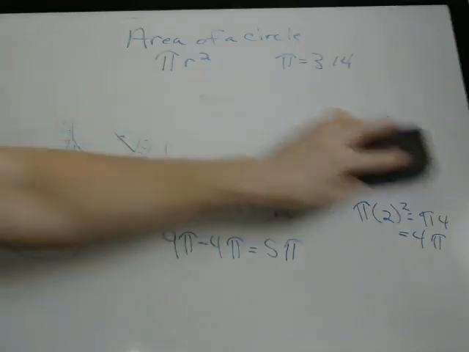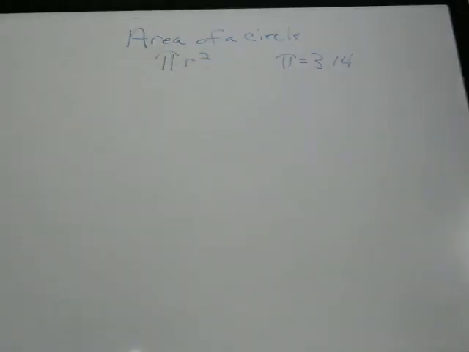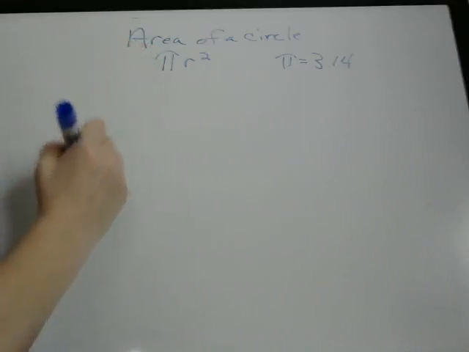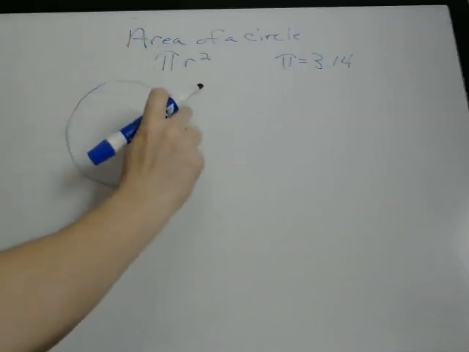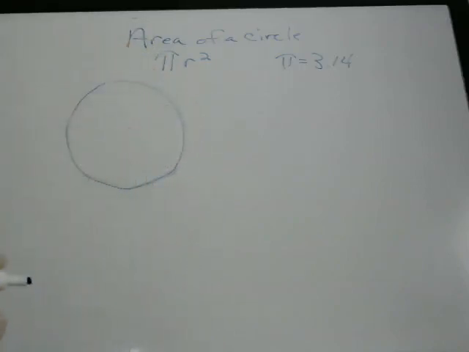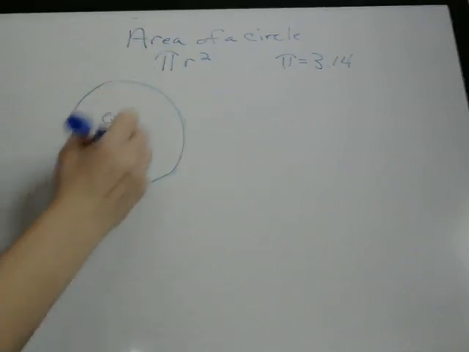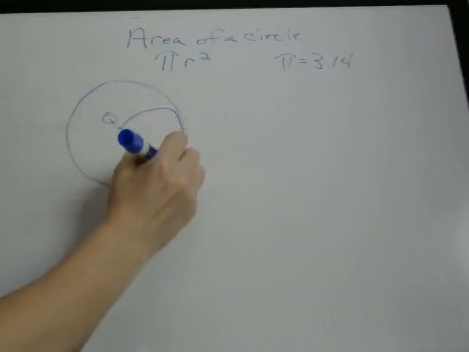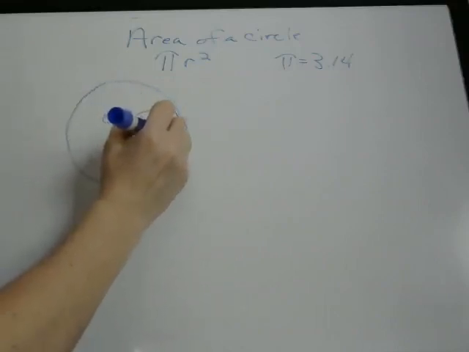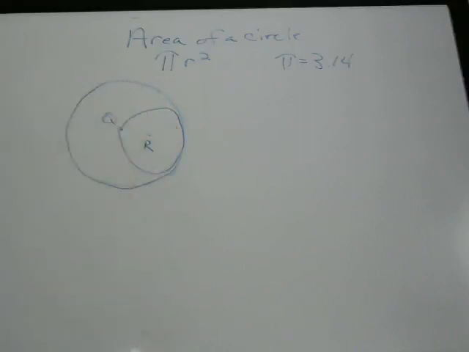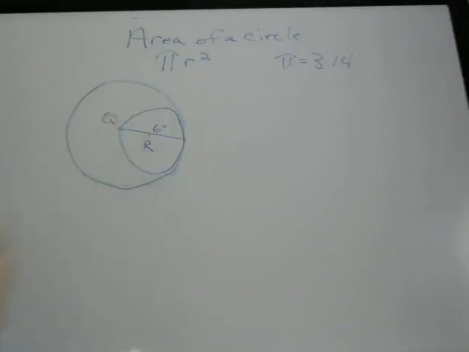We'll do one more question. Say we have this circle, and we're going to call this circle Q. Then we have another circle inside of this circle, and we're going to call this smaller circle R. The diameter of R is 6 inches.